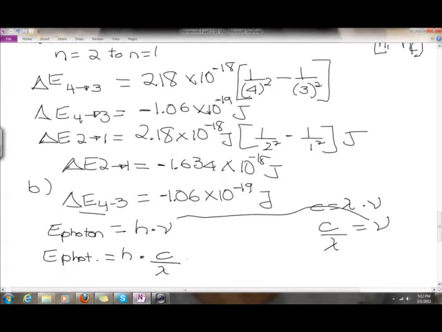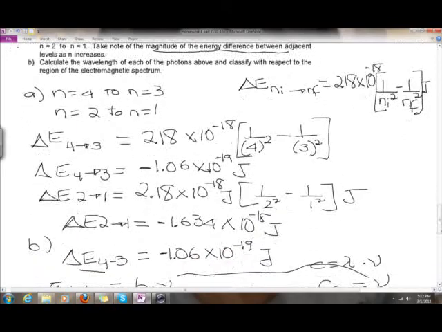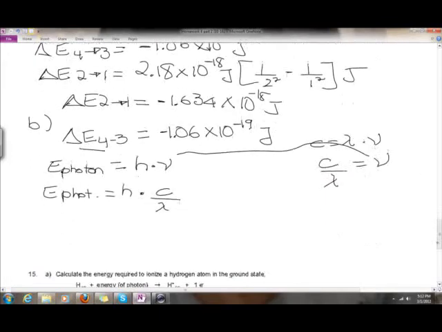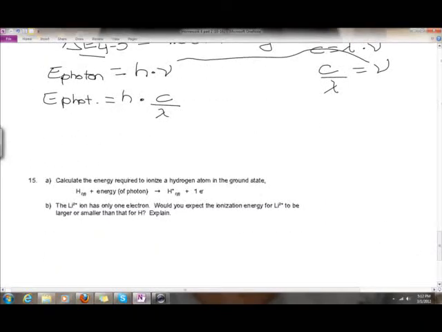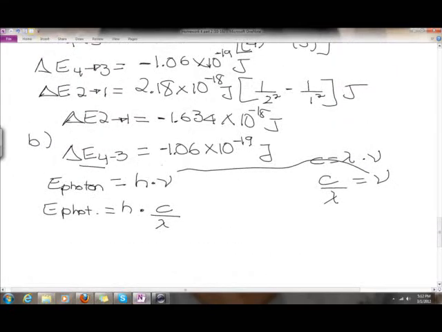What are they asking for? They're asking you for the wavelength, and what region of the electromagnetic spectrum it is. So let's look at the photon emitted when the electron goes from energy level 4 to 3. And by the way, if you got a negative sign, it doesn't matter because this energy is the absolute value.